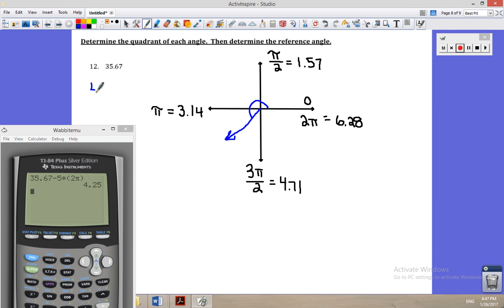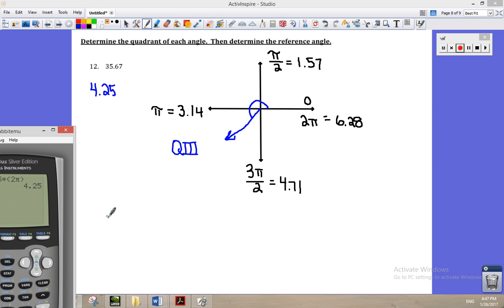So this 4.25, I can use it to say it's coterminal to 35.67 and argue that they both lie in quadrant 3. Whenever you're in quadrant 3, the reference angle is the angle minus pi radians, minus 180 degrees. So my reference angle is this 4.25 minus pi, but I never like to round until the very end.